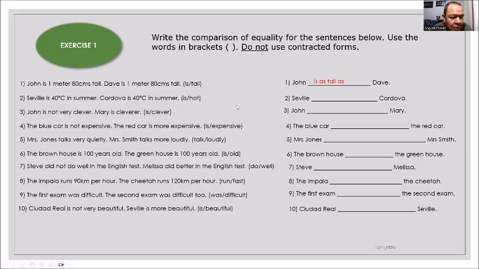Number 2. Seville is 40 degrees centigrade in summer. Córdoba is 40 degrees centigrade in summer. Seville is as hot as Córdoba. Number 3. John is not very clever. Mary is cleverer.